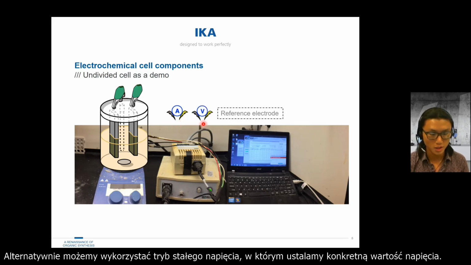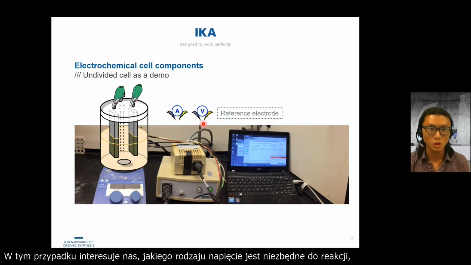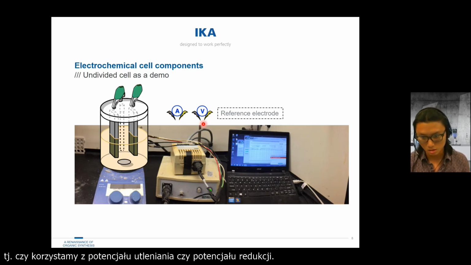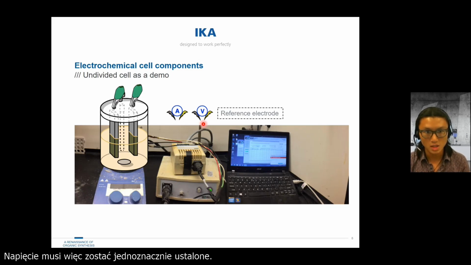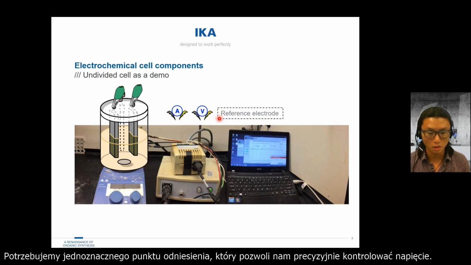Alternatively, we also have another reaction mode, which is constant voltage, where you define a certain voltage value. In this case, we are interested in the desired reaction voltage, meaning that it's either an oxidative voltage or a reductive voltage. So the voltage has to be absolute, and we need an absolute reference point to make sure we are able to control the voltage very precisely.